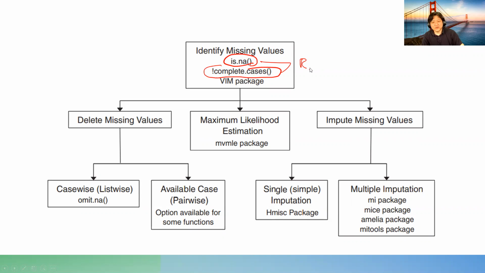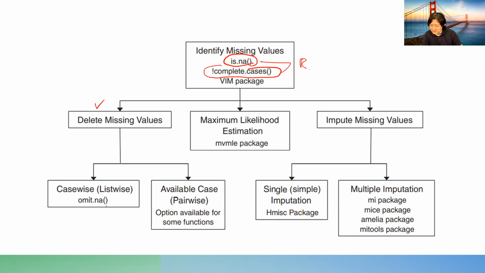Using these, you can identify your missing values, and then you can decide whether you are going to delete. For example, if you have very few missing values, it will not affect your distribution. In that case, you can simply delete, right? You have 10,000 data points, but only 1 or 2 are missing. In that case, I would delete.